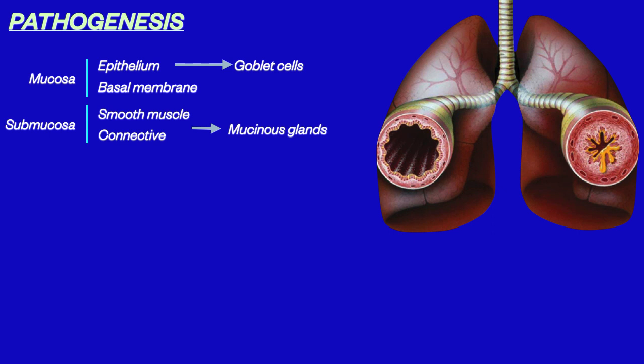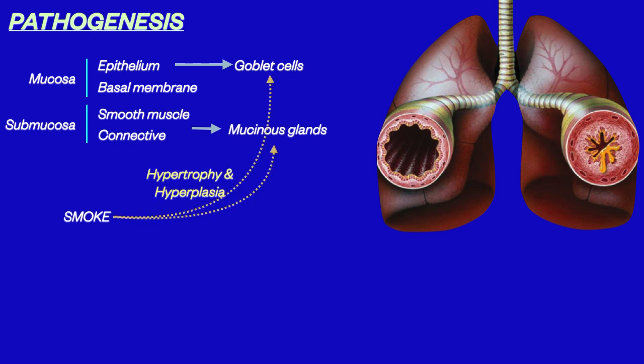All right, so people who smoke expose their airways to all sorts of irritants and chemicals. Whatever the irritants are, their effect is to stimulate hypertrophy and hyperplasia of the mucinous glands in the main bronchi, as well as the goblet cells in the bronchioles.